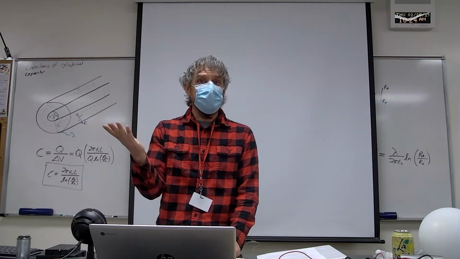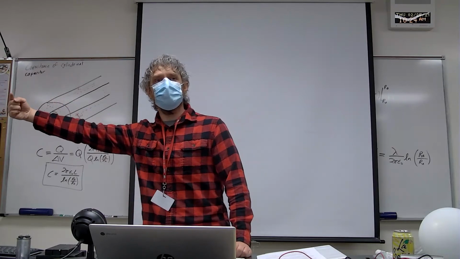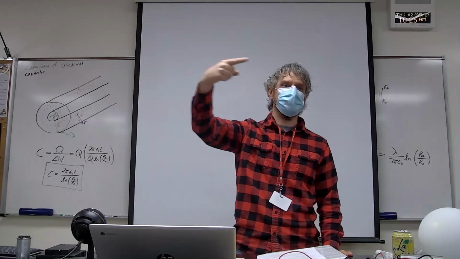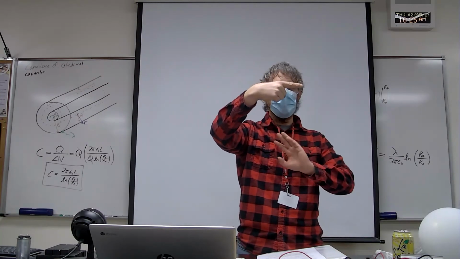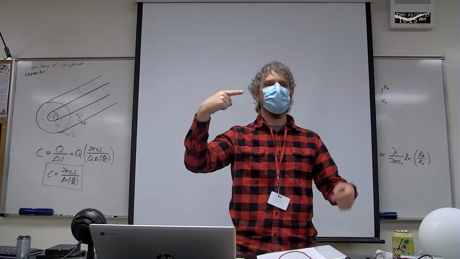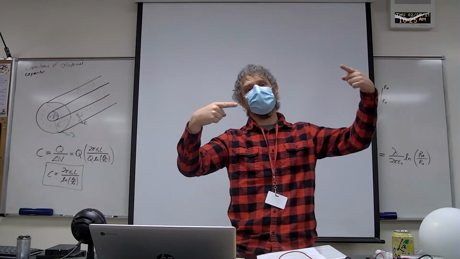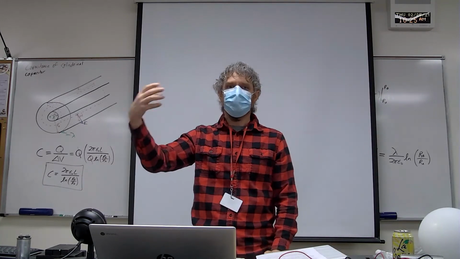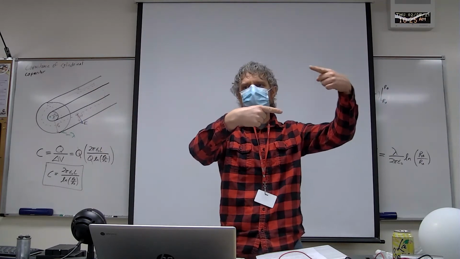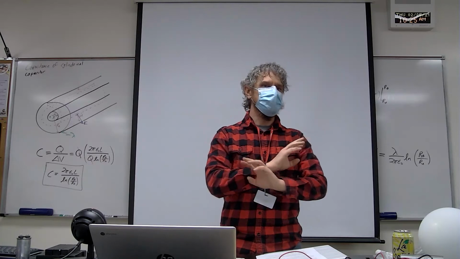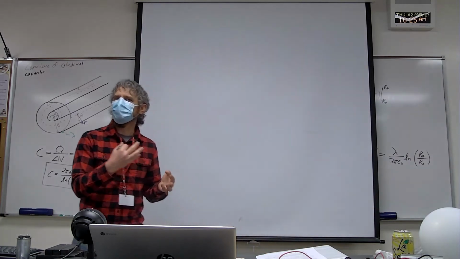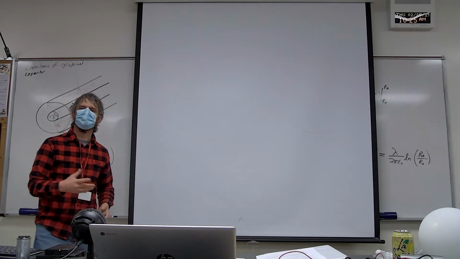Why is it okay? Because negative charge moving this way behaves, from an electrical, mathematical, and physical perspective, not approximately, literally identically to an equal amount of positive charge moving that way. So if I have a certain number of positive charges moving this way and an equal number of negative charges moving that way, they behave exactly the same. And so that's why, even though it's technically wrong, it's still useful.